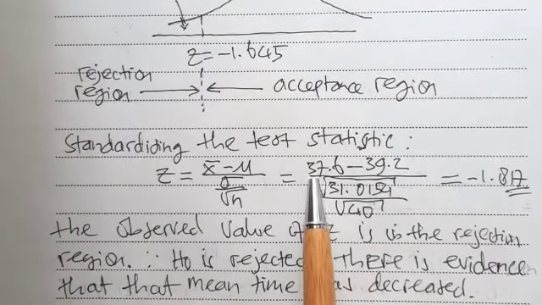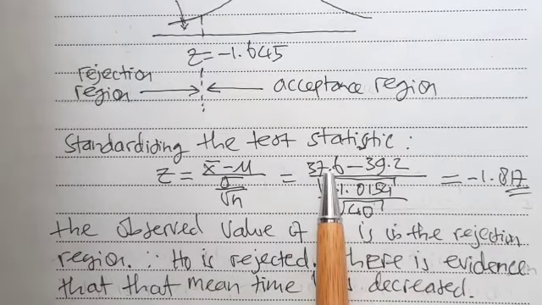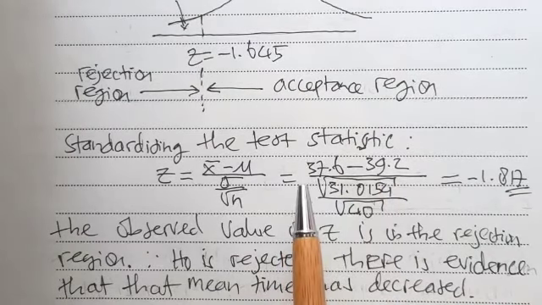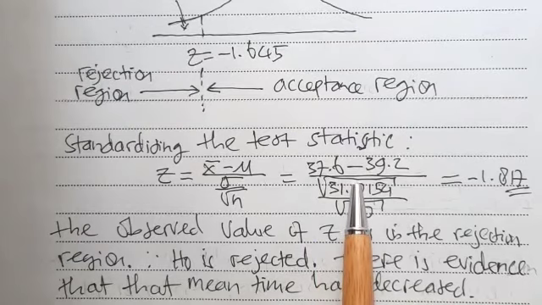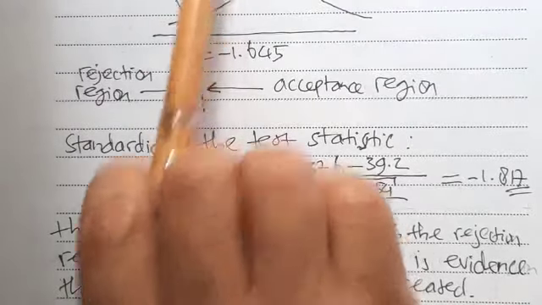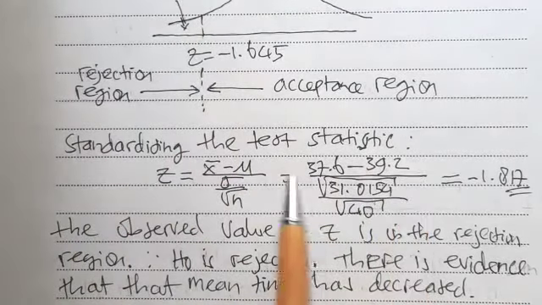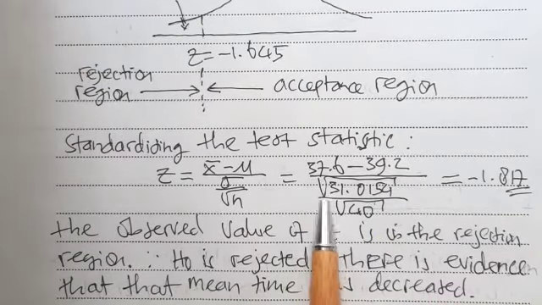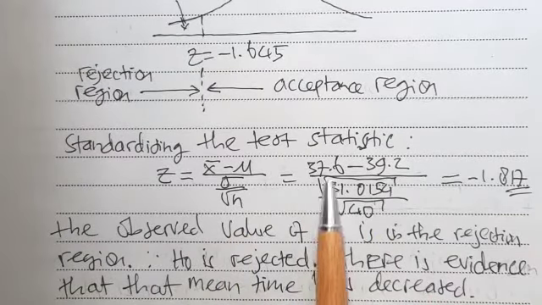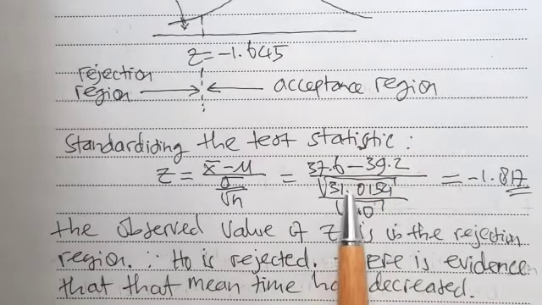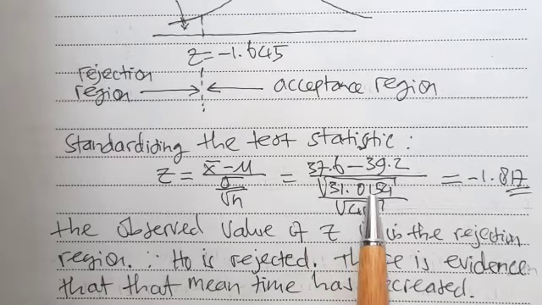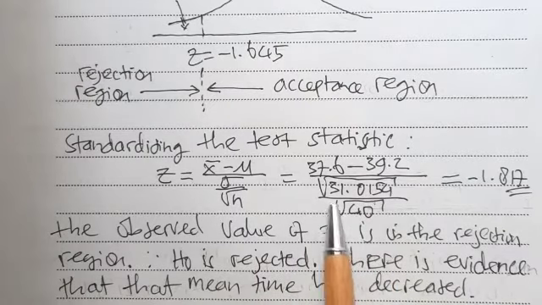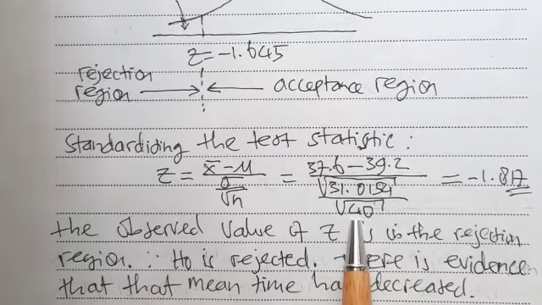Here for x bar we use the unbiased estimate of the population mean, that is 37.6, minus mu, that is 39.2, divided by the standard deviation, that is the square root of the unbiased estimate of population variance, thus the square root of 31.0154, divided by the square root of the sample size, the square root of 40.